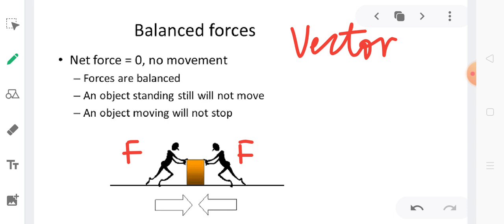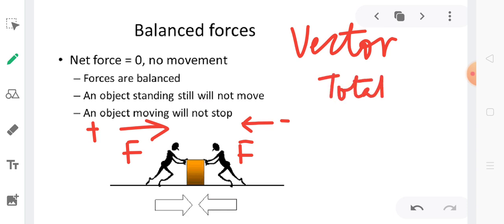So if one direction is considered to be positive, then the other direction should be considered as negative. Suppose I consider that the direction towards right is positive. So obviously the direction towards left will be negative. Now if I am asked to find out the total force on the box, in order to find the total, we have to add the values of forces.